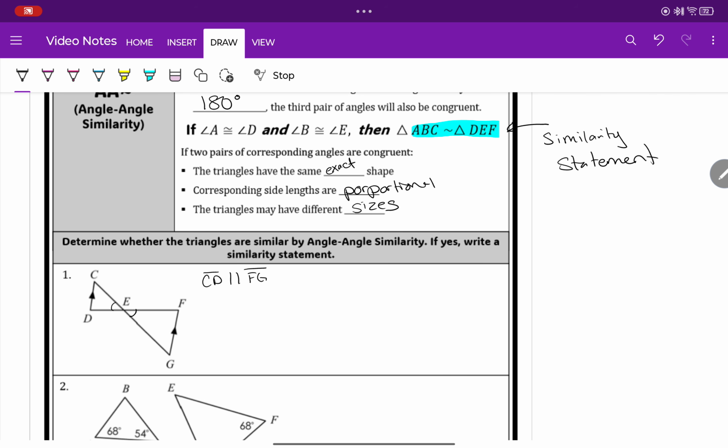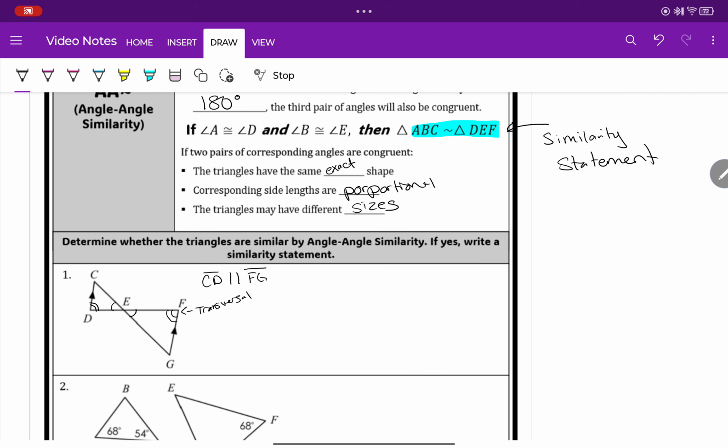So segment DF is actually a transversal line, which means that angle F here is congruent to angle D. So I have two similar figures. Yes, they are similar due to my angle-angle similarity theorem.